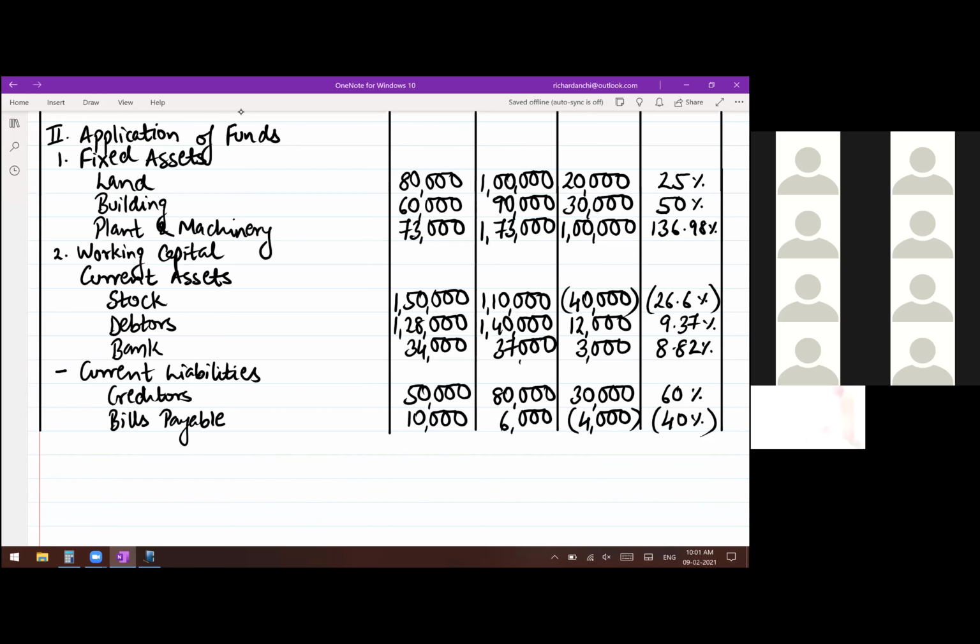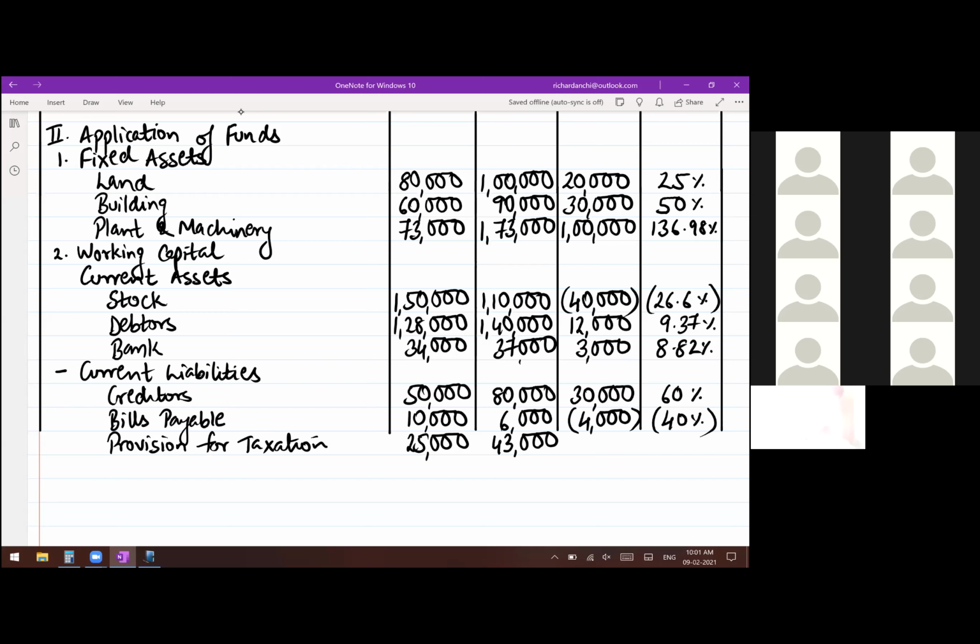And then the last item, provision for taxation. For 2018, 25,000, and in 2019, 43,000.